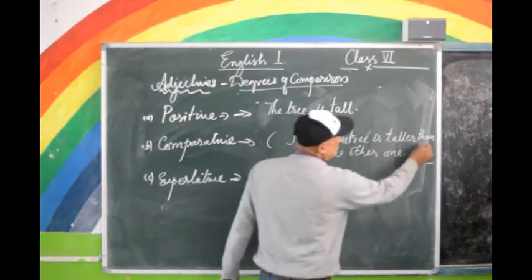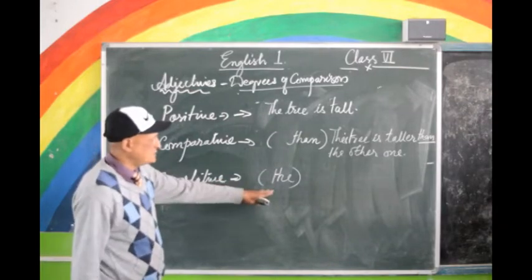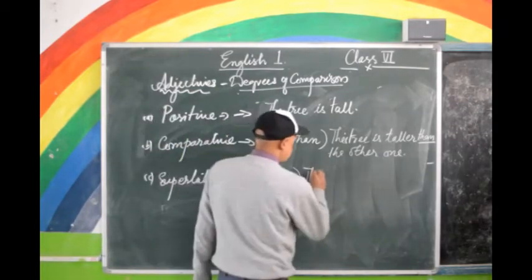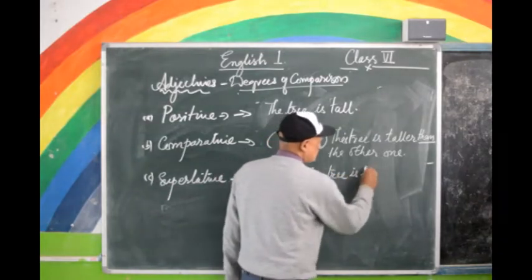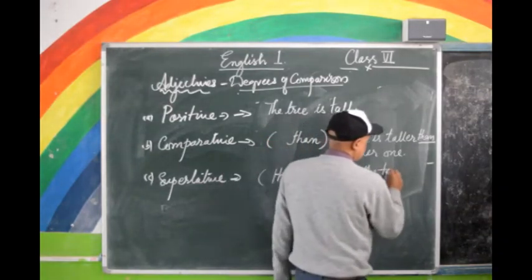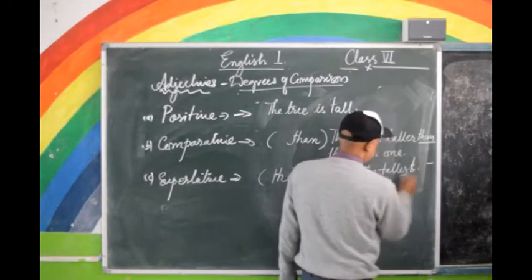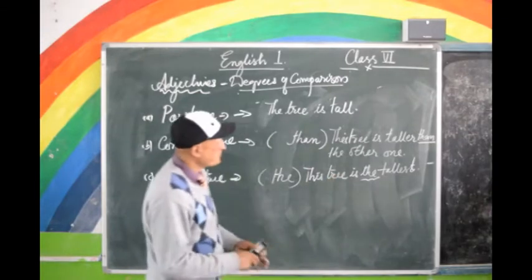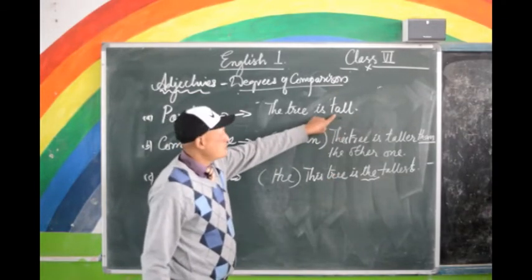So here we make use of that. And for the superlative degree we use the. This tree is the tallest. We make use of the. In the positive degree we just write it simply: tall.